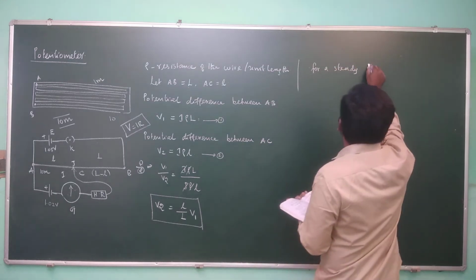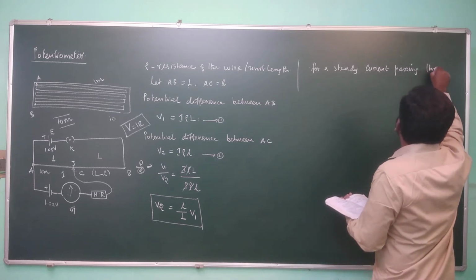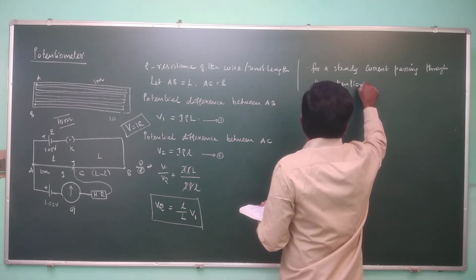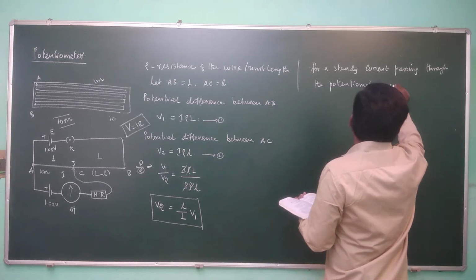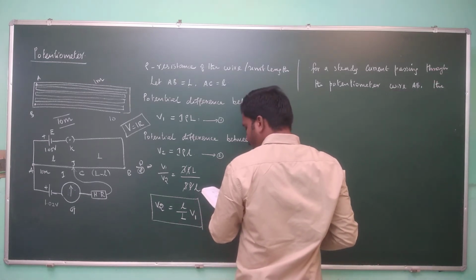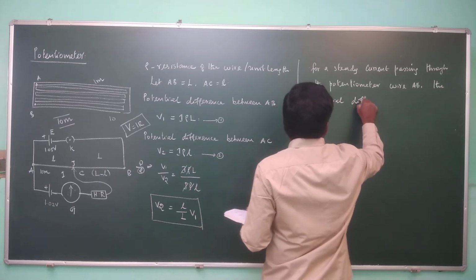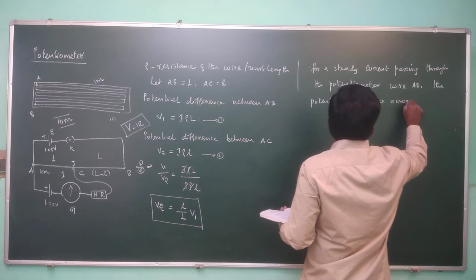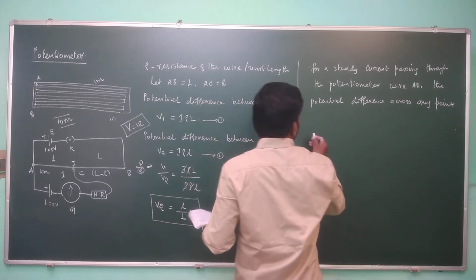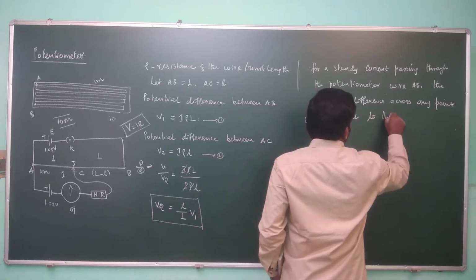For a steady current passing through the potentiometer wire AB, the potential difference across any point is proportional to the length of the wire.